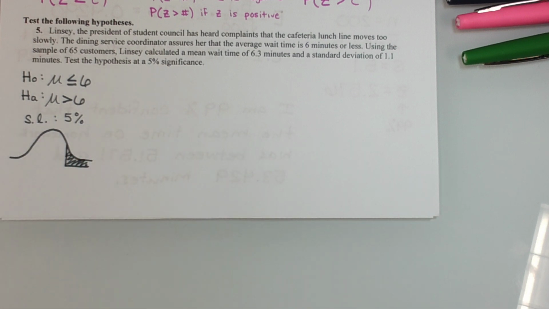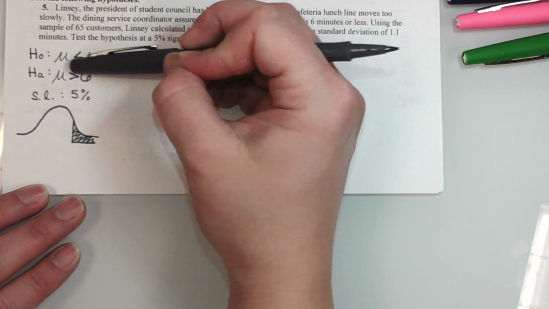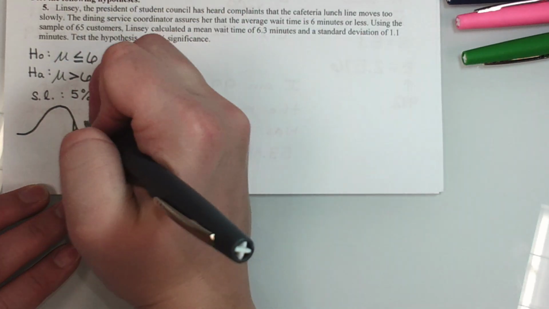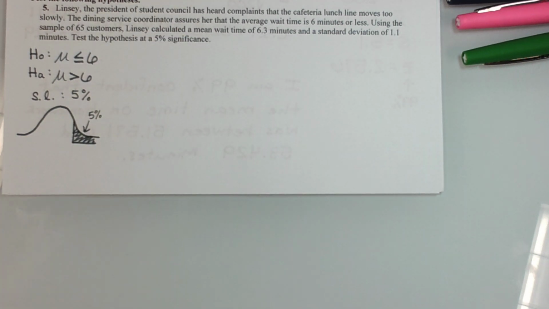Because when it comes to a normal bell curve, the greater than 5% piece is way over here. That area on our graph represents the 5% of the time that we're throwing up red flags. That's where the probability should be less than 5% when it's above that level.